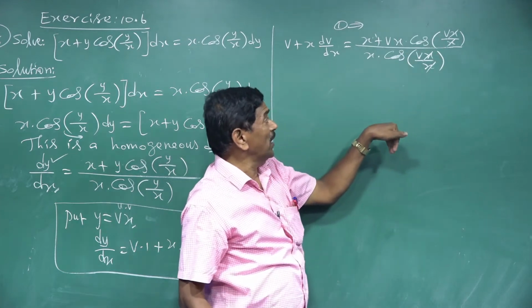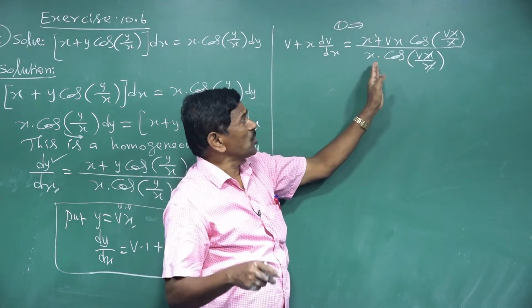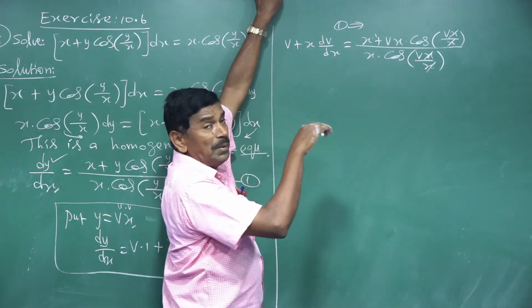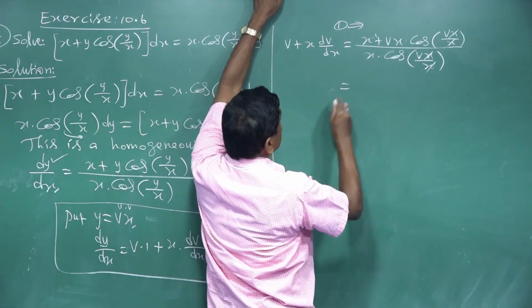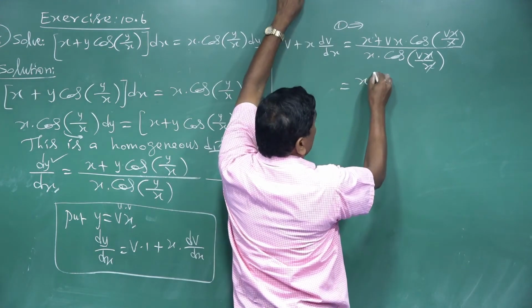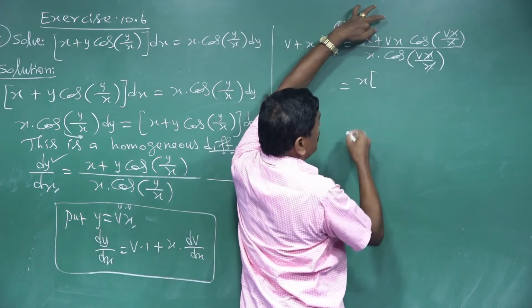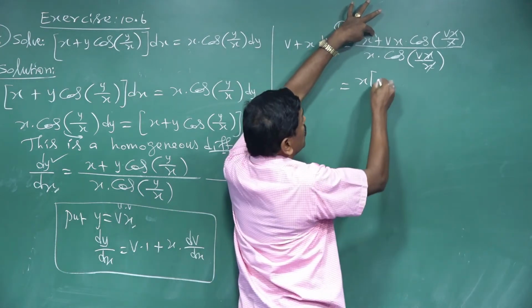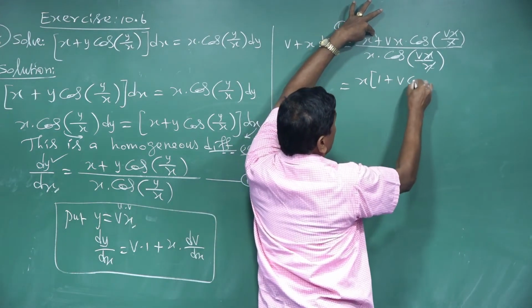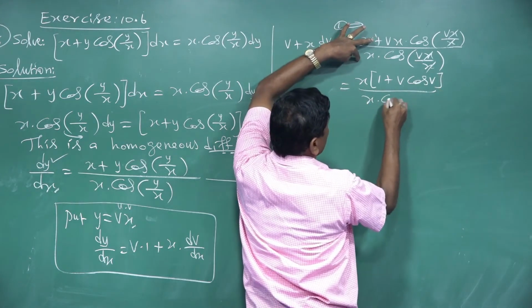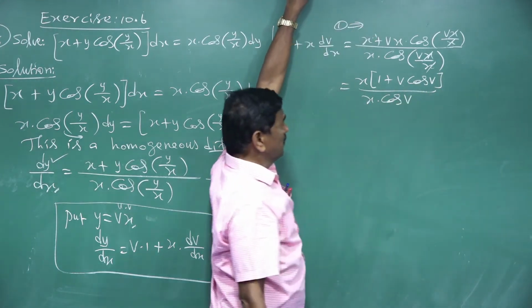In the denominator, it is already one term, so x into cos v stays as it is. So the numerator is x into 1 plus v into cos v, divided by x into cos v.